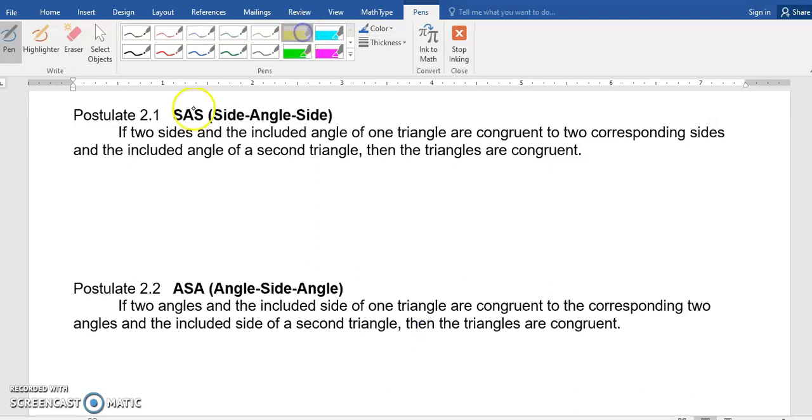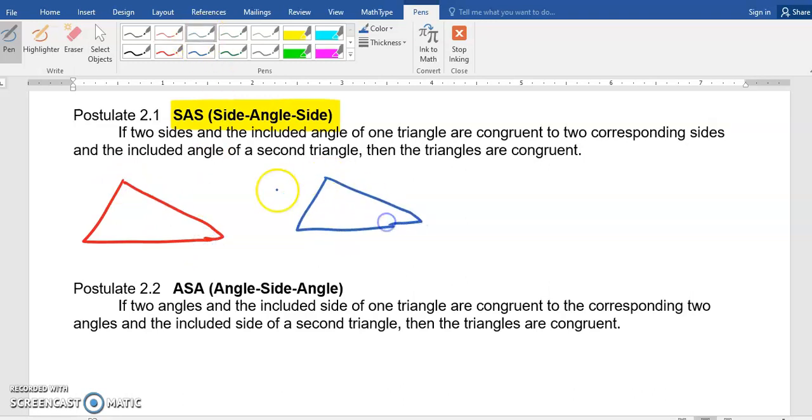The first theorem here is the side angle side theorem. If two sides and the included angle of one triangle are congruent to two sides and the included angle of another triangle, then the triangles are congruent. So if this pair of sides is congruent and this pair of sides is congruent, and it says and the included angle.